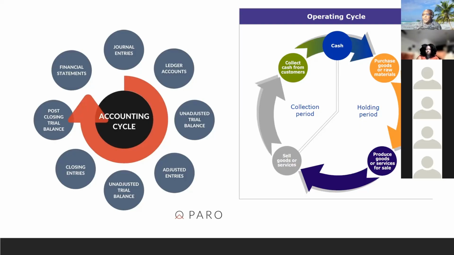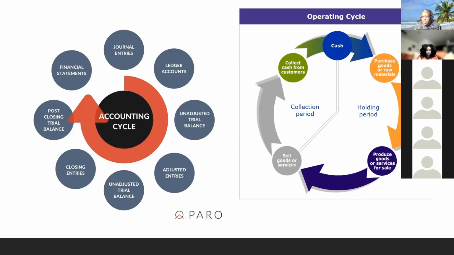So take a look, if you haven't done so yet, at the different operating cycles that are illustrated in your book. And what you will notice is that even though the specific things may be a little different, the basic outline is the same, right?